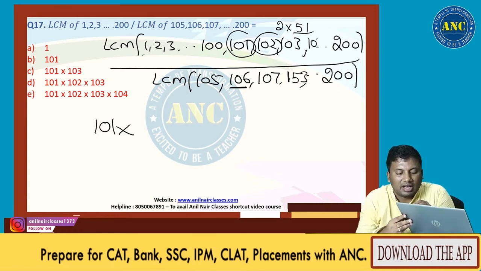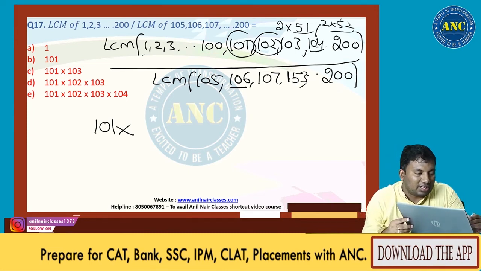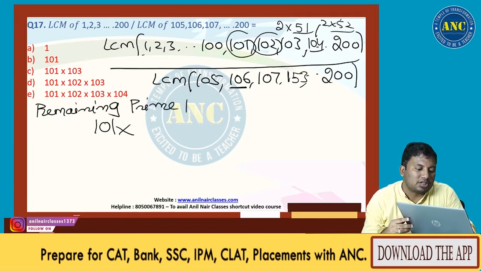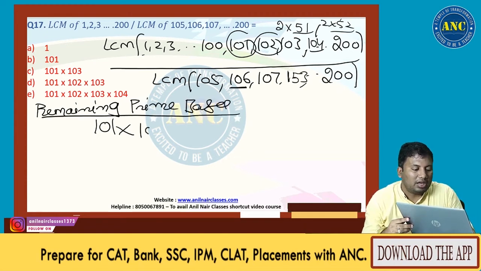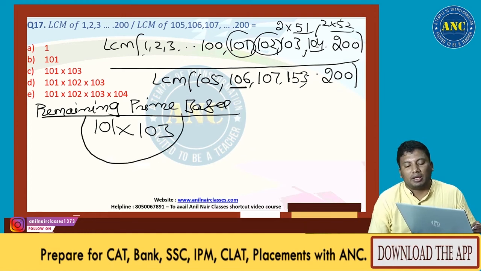Even 104 is 2 into 52, so 156 will come in this set. Only take the remaining prime bases. The remaining prime bases are 101 and 103.